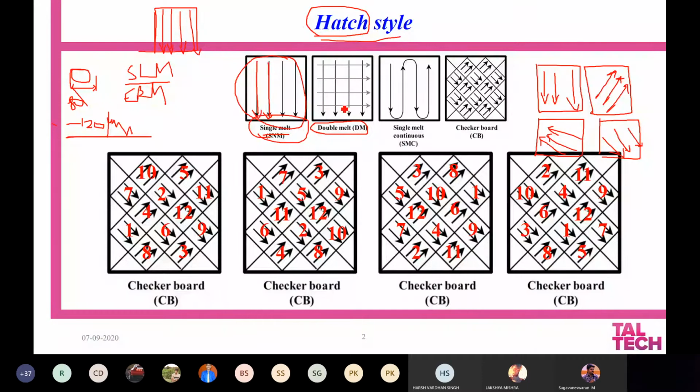In the second melting, the same surface is melted a second time in a different hat style, whether it's the same single melt hat style with a certain angle of rotation, or a single melt hat style without any rotation, or you can vary as per your needs. Then people went for single melt continuous. It is very similar to the single melt hat style, except the directionality between two melting sequences is going to be opposite and it is going to be continuous.